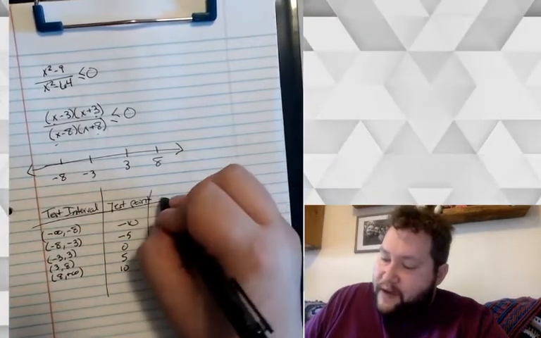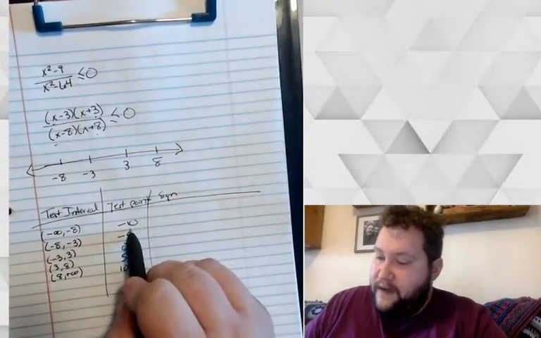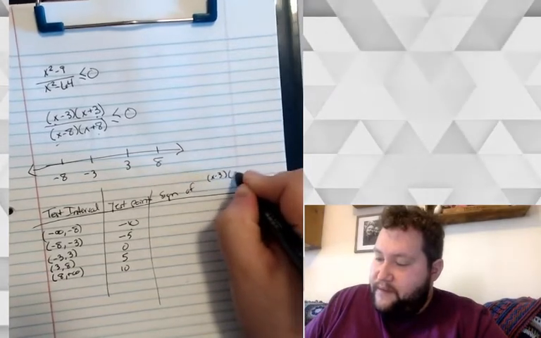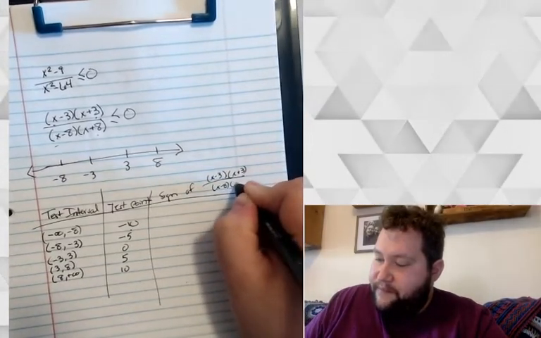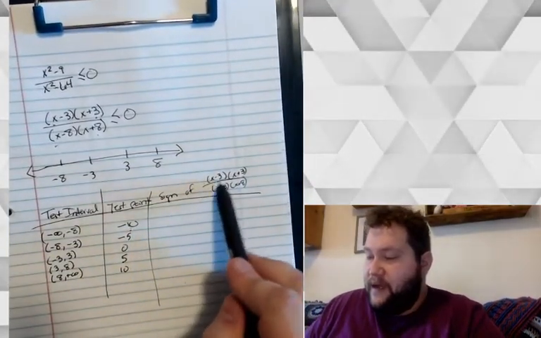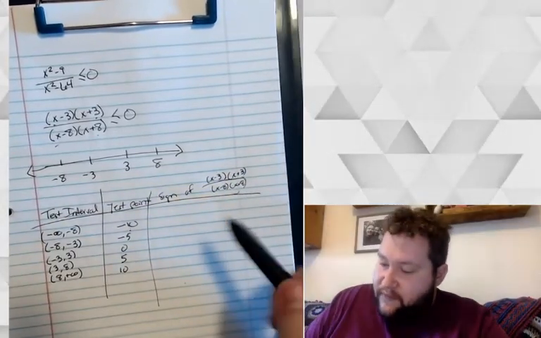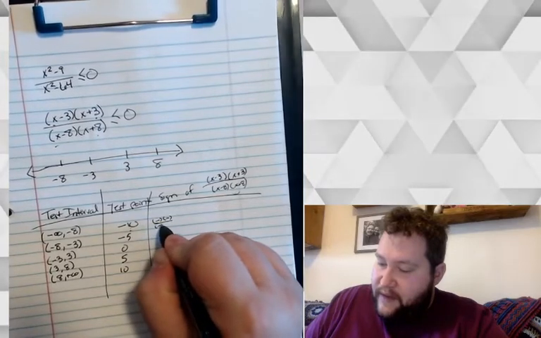And then we need to look at our sign. So at negative 10, the sign of x minus 3, x plus 3, x minus 8, x plus 8: we have negative, negative, negative, negative.